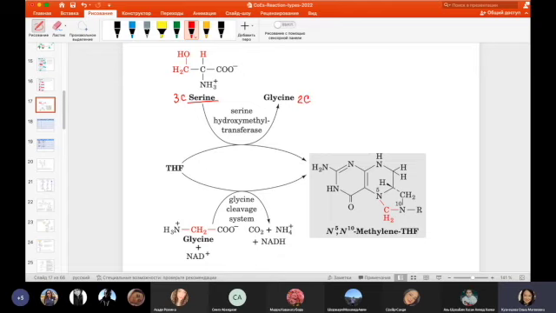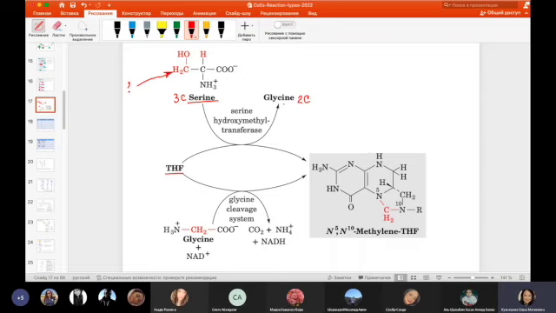The question is, where is this carbon? The fate of this carbon. Tetrahydrofolic acid is used as acceptor of one carbon in the conversion of serine to glycine.